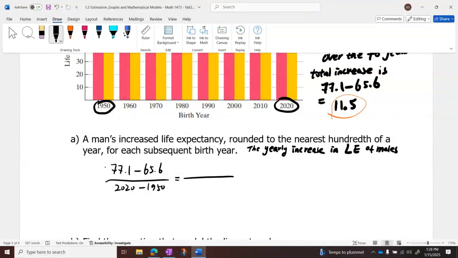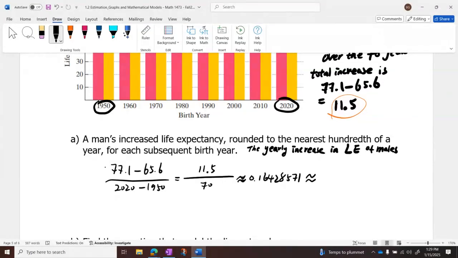The numerator is the total increase in the life expectancy of males, 11.5 years. The denominator is how many years from 1950 to 2020. So over the 70 years, the increase is 11.5, and the quotient is 0.16428571. This is actually approximate because my calculator doesn't have enough space to contain all the digits.